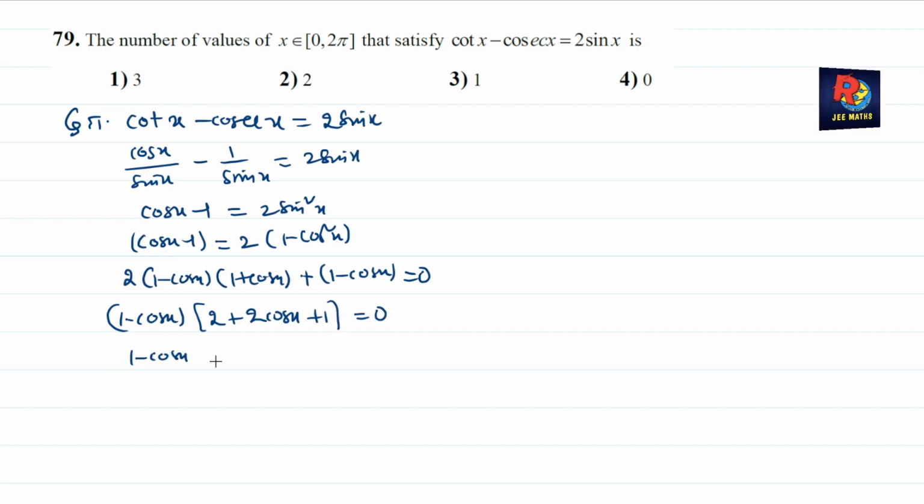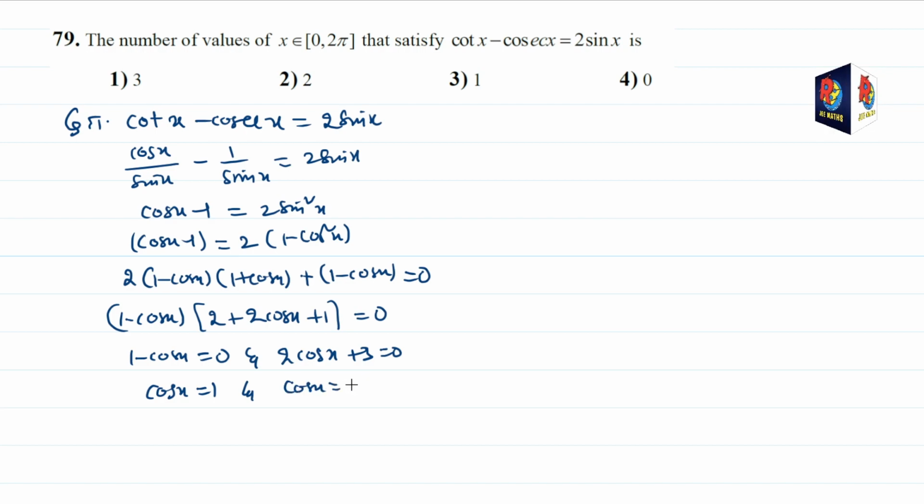1 minus cos x is equals to 0 and 2 cos x plus 3 value equals to 0. Now here you can observe this. Cos x equals to 1 is one value and cos x equals to minus 3 by 2 is another value.